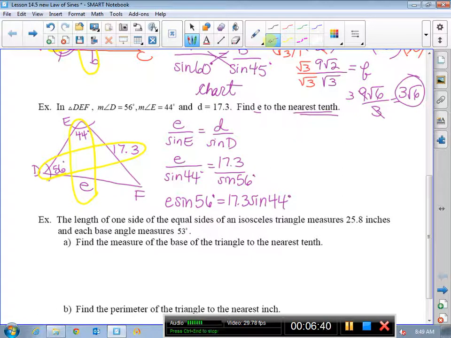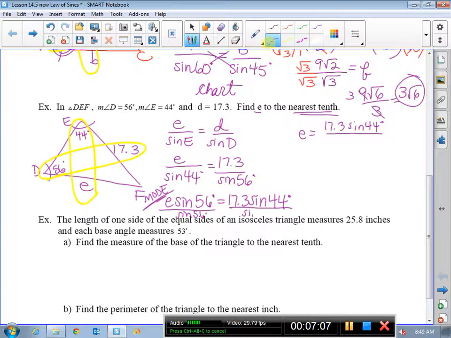Make sure you're in degree mode. Check your mode. You might have switched things up in the last chapter. So let's see. To find E, I'm going to have 17.3 times the sine of 44 degrees. And I would be dividing here by the sine of 56 degrees.